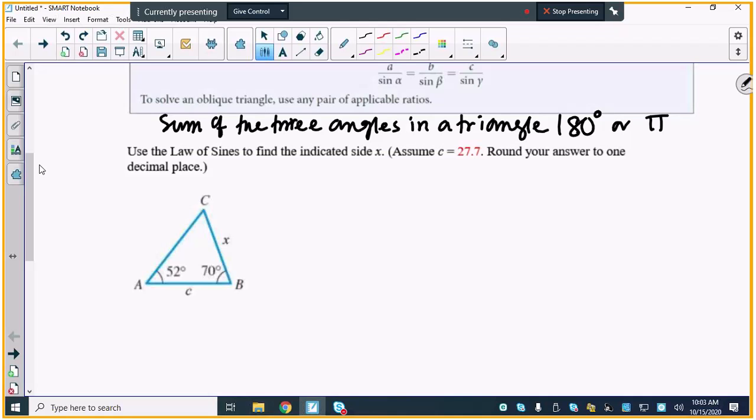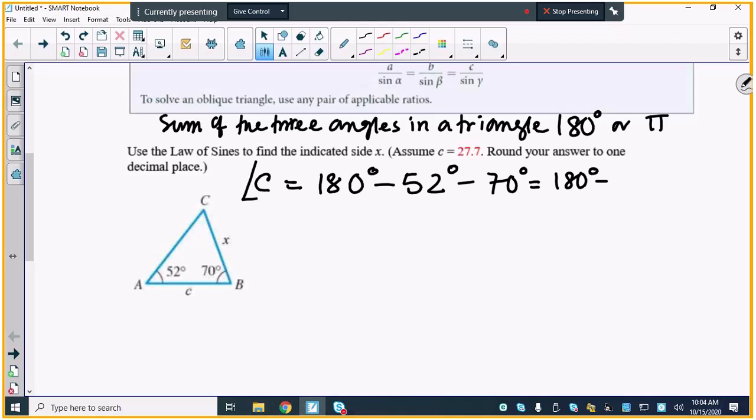Since two angles of this triangle are given to me, 52 degrees and 70 degrees, we're going to find the angle C. I can just say C for the angle C, or you can put the angle notation to understand that this is an angle. So this is going to be 180 degrees, the sum, minus these two given angles, 52 degrees and 70 degrees. So this is 180 degrees minus 112 degrees when I add these two quantities.